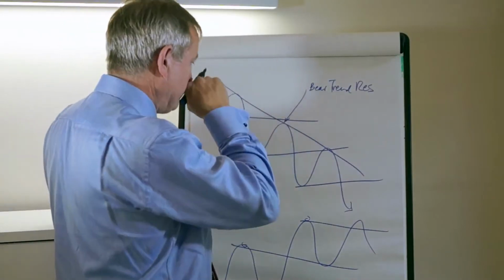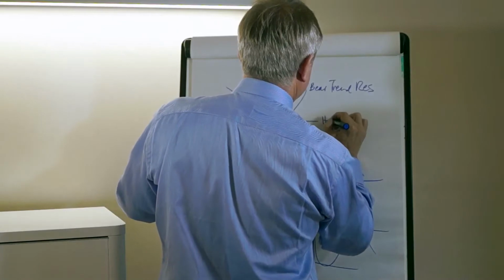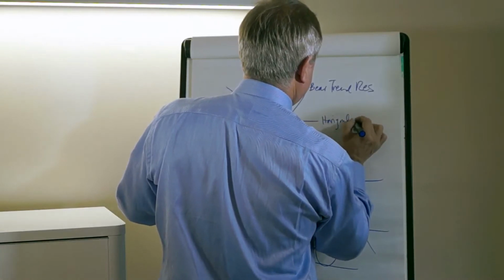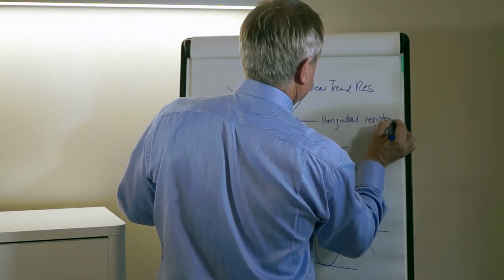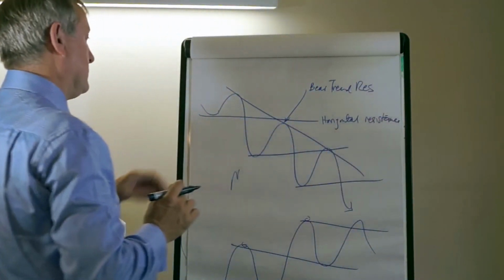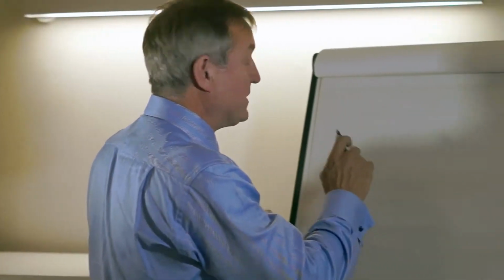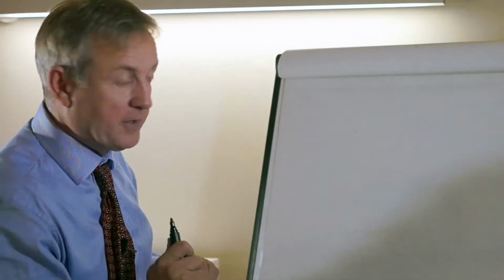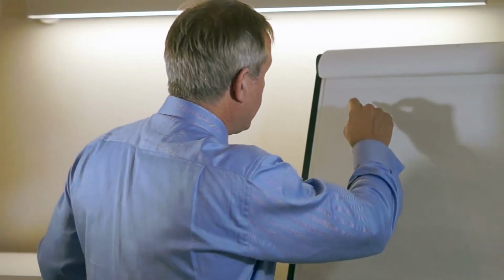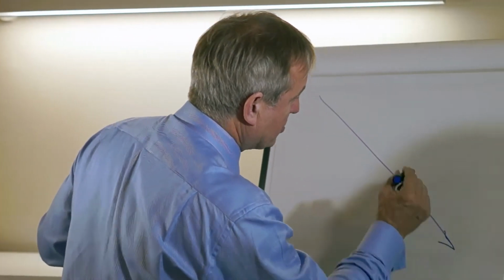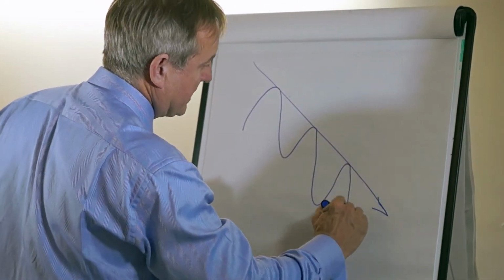Let's look at these. So the horizontal. This is a horizontal resistance. So the first and most obvious line of structure, as chartists see it in a trend, is the diagonal, which is called a trend line resistance, that keeps forcing the market down.